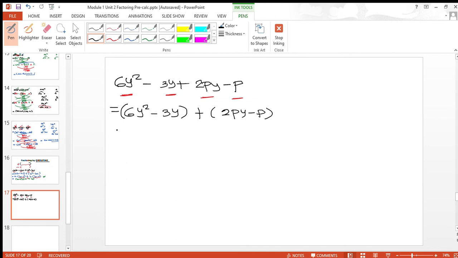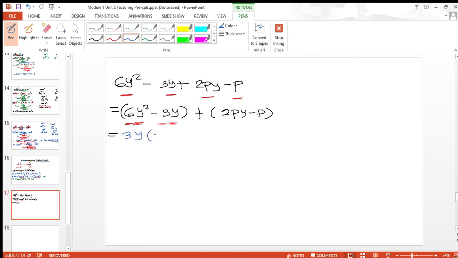Then after doing that, for the first two terms, again, we can factor out y. And in fact, we can also factor out 3. So applying common monomial factor, we can factor out 3y.